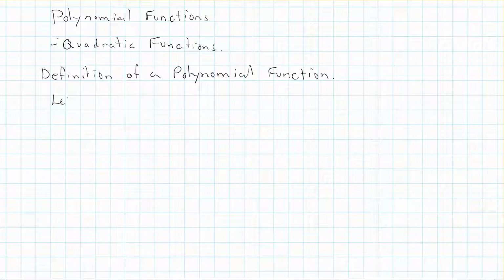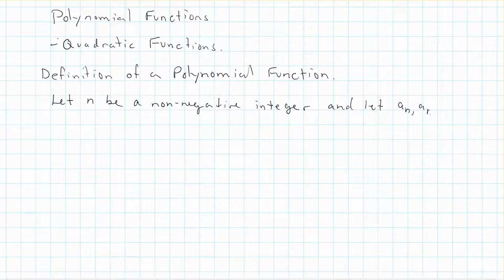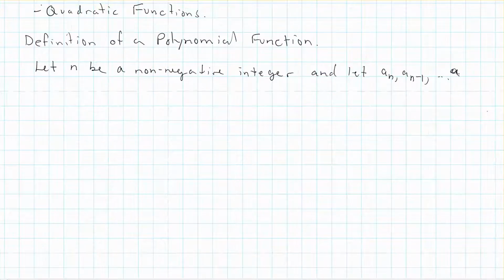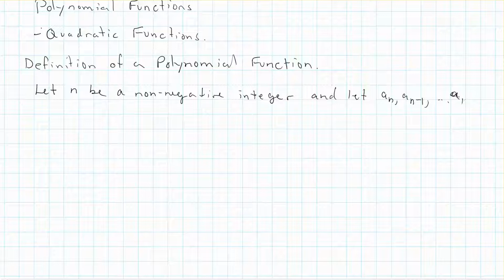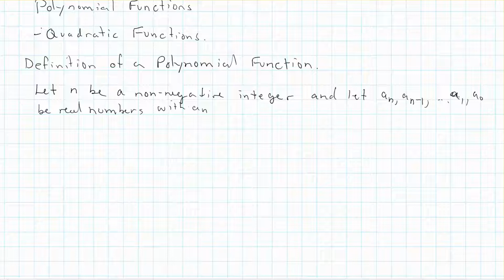So let n be a non-negative integer and let a sub n minus 1, dot dot dot, a1, comma a0 be real numbers with an not being 0.